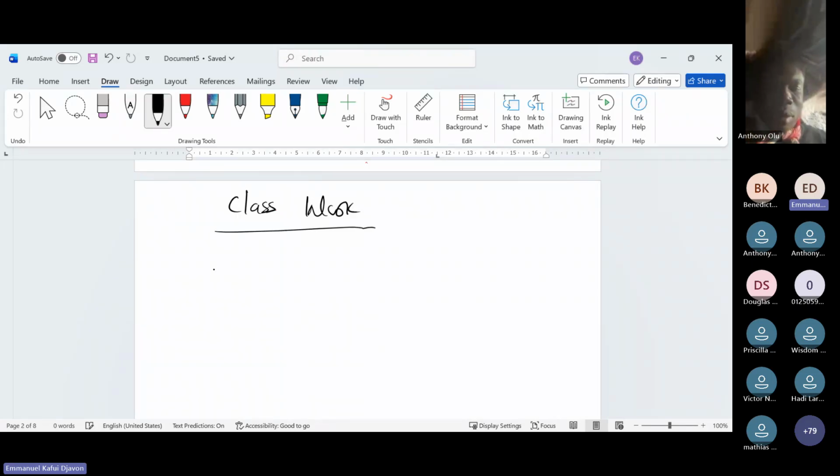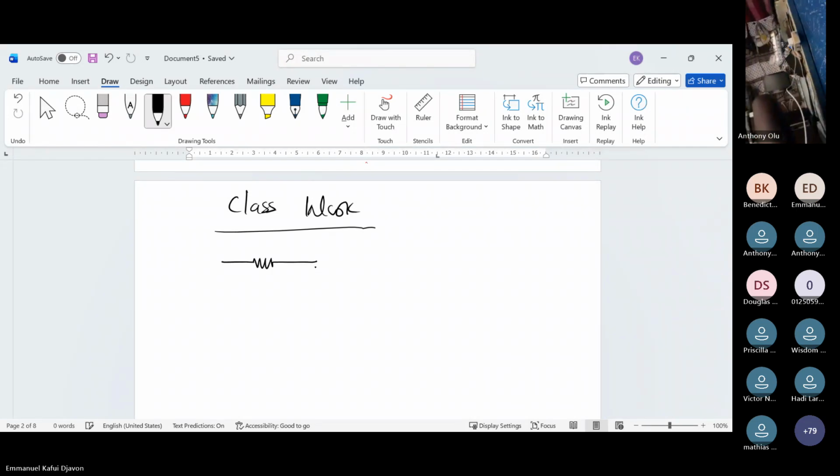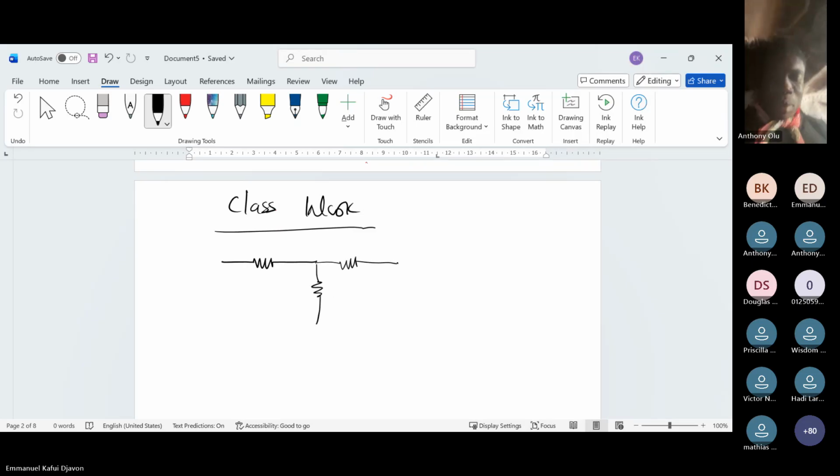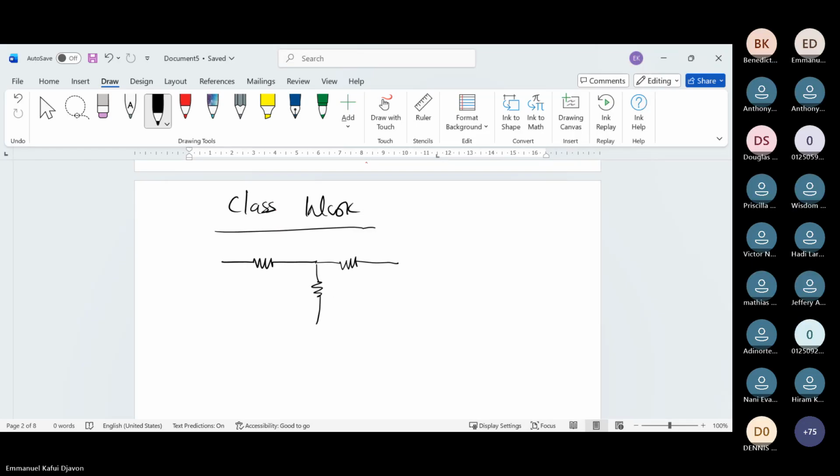So you have this circuit before you. This is your RL, which is 2 ohms.